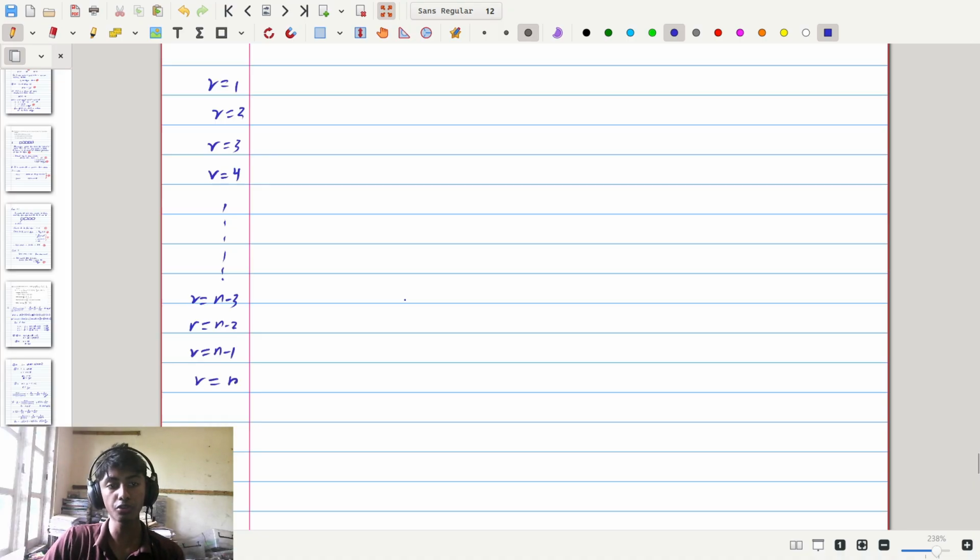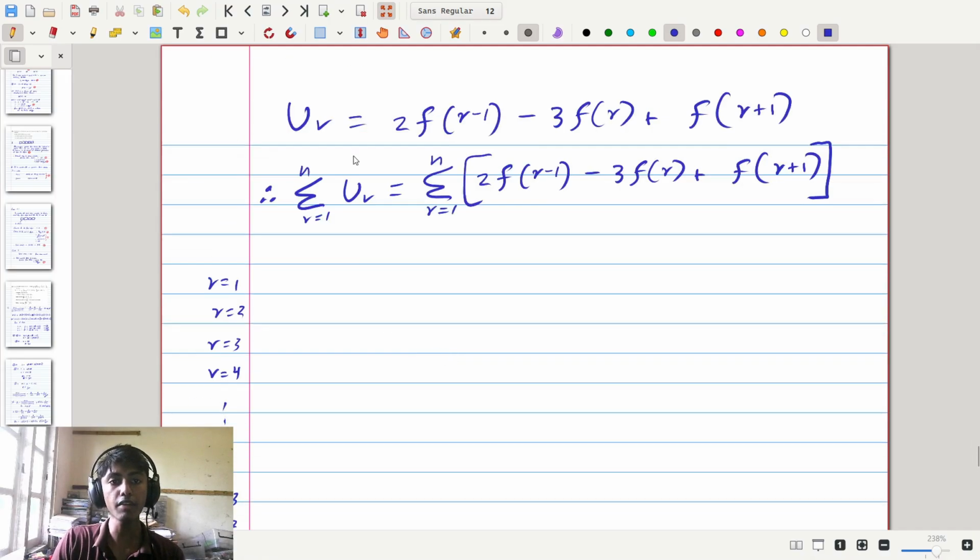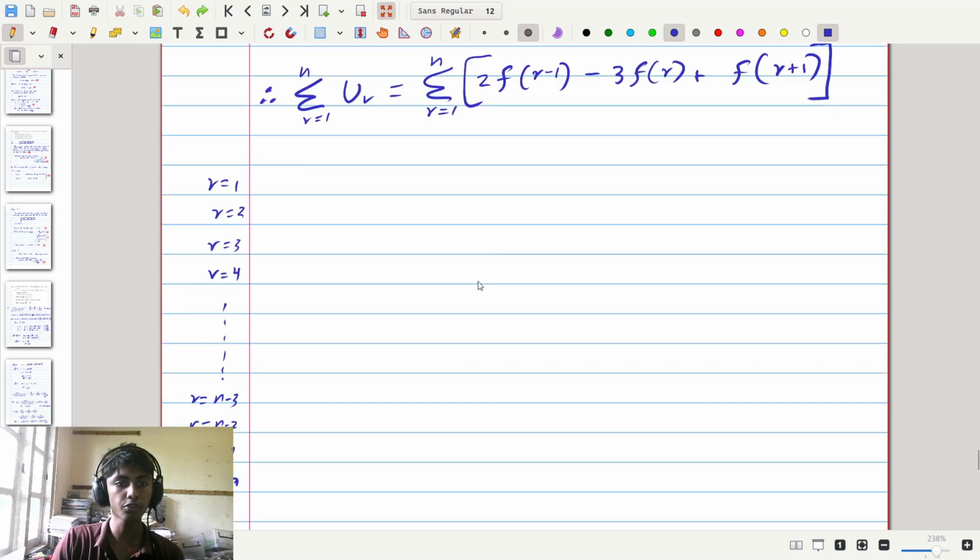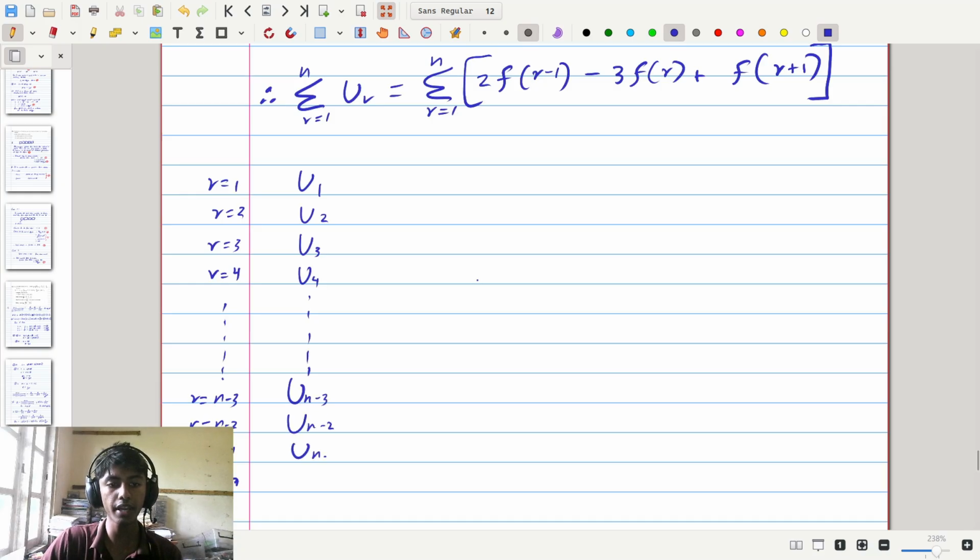And for these values, I'm going to write down what the left hand side of the sum is equal to and what the right hand side of the sum is equal to. So on the left hand side, we just have the values u of 1, u of 2, u of 3, u of 4, and going down over here we have u of n minus 3, u of n minus 2, u of n minus 1, and u of n.